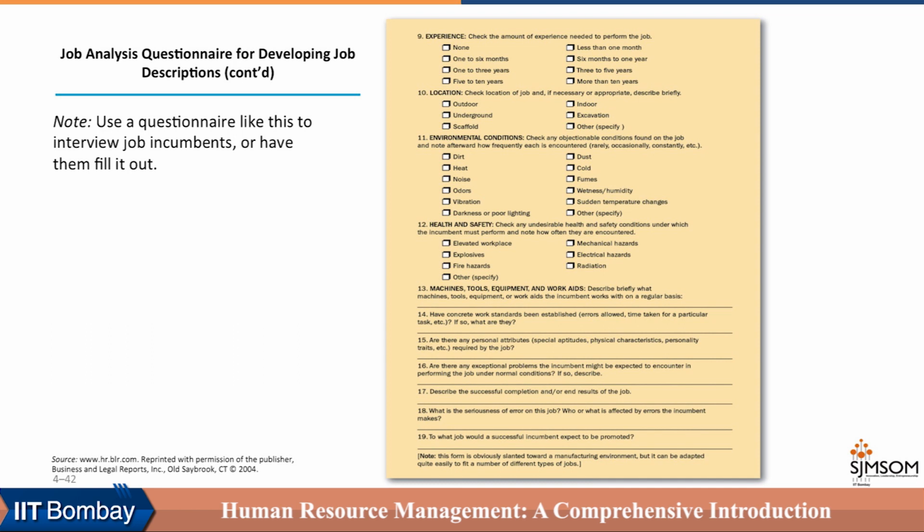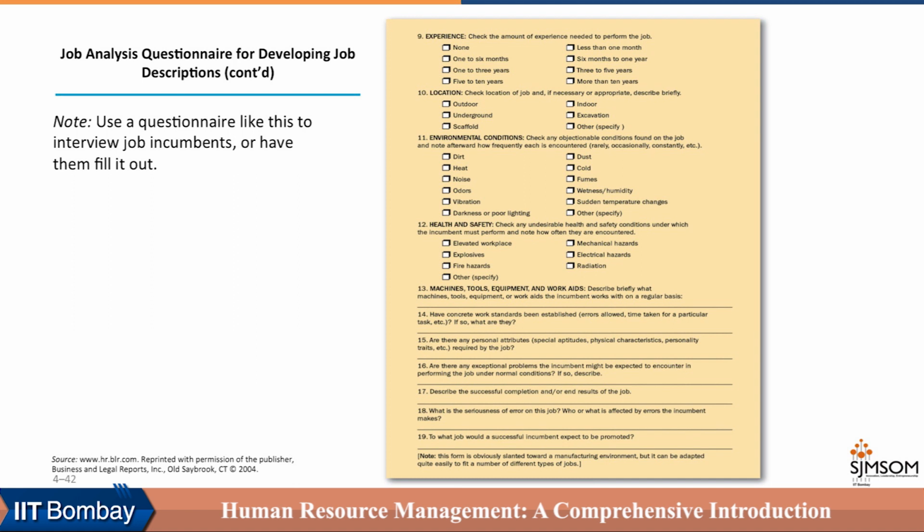You can look at this sample of the job analysis. It also includes experience, location, environmental conditions, and health and safety related issues. In this questionnaire you can see there is a structured way as well as an open ended qualitative way of collecting information.